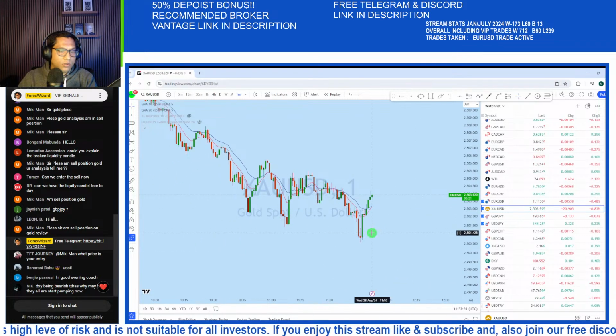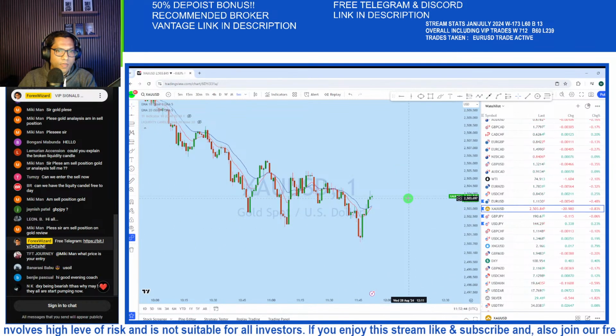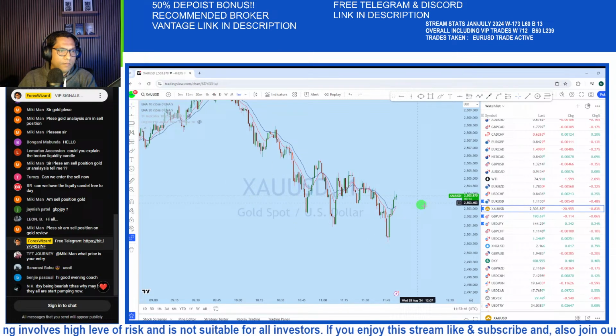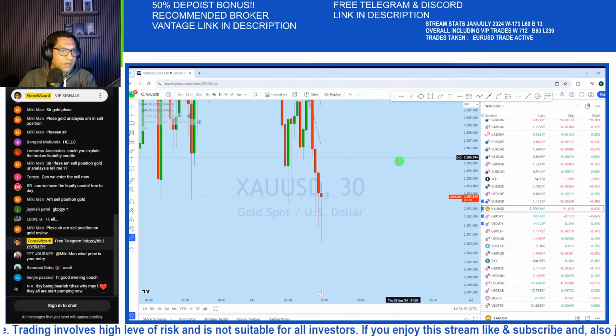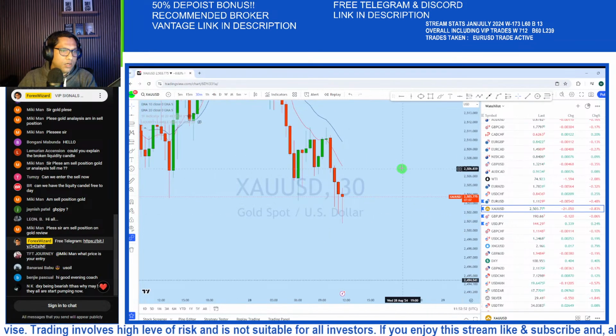And gold just had a short-term bounce here. So this short-term bounce has brought gold to the resistance line.